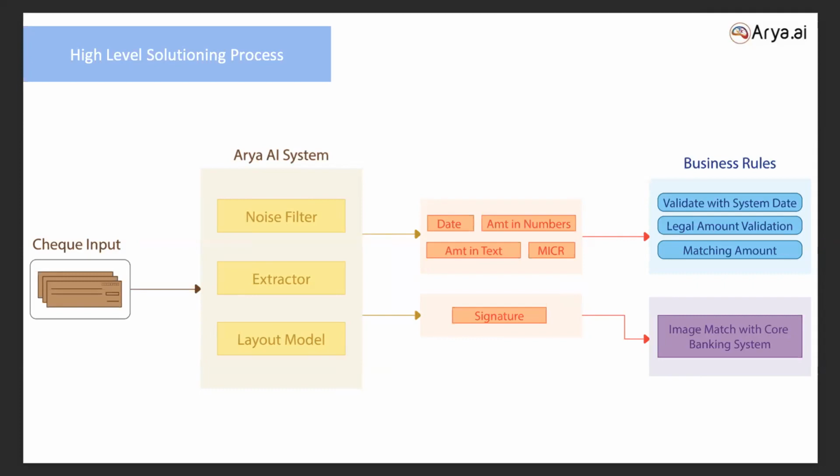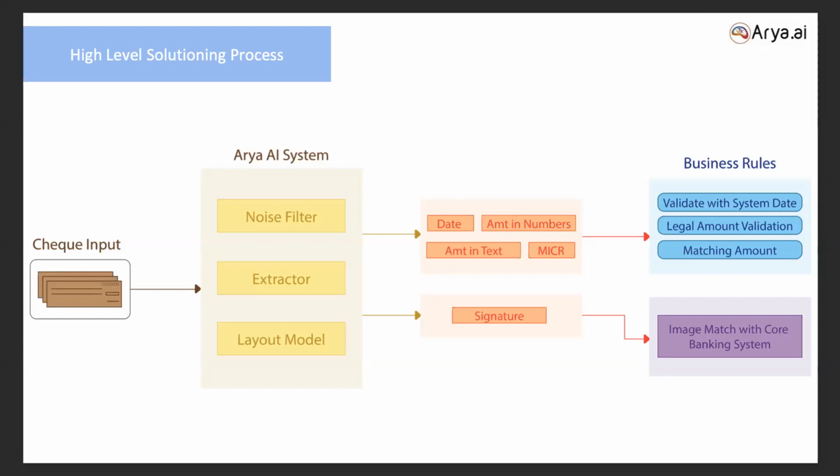Post that, there are some other rules for amount also. The amount in words and amount in figures both have to be valid, perfectly written, and they also have to match. Then there is another parameter we have to match, where the presenting bank also gives its value while sending it to the NPCI or giving it to the operations bank.